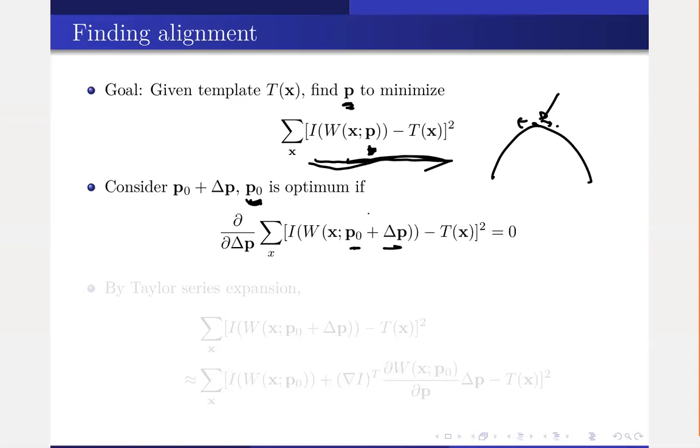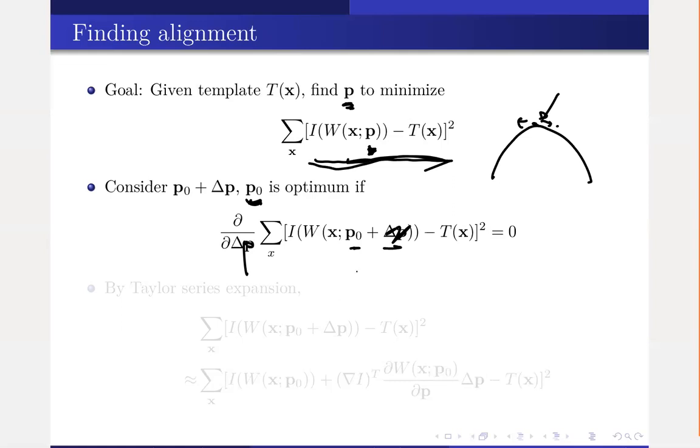So this is a standard trick people use in optimization. If you try to directly optimize over P, for example by taking the derivative of P here, you can do it, but it won't be a good approximation.